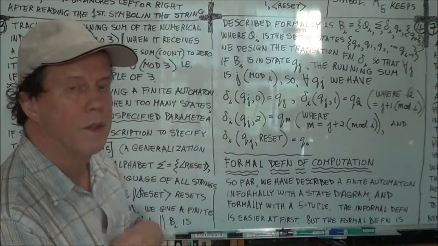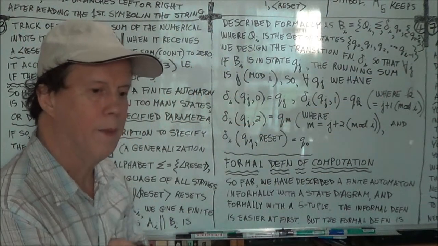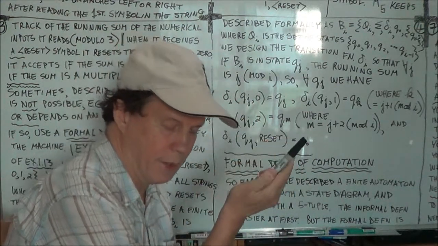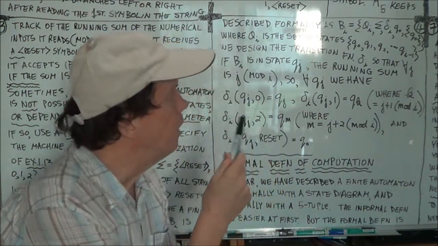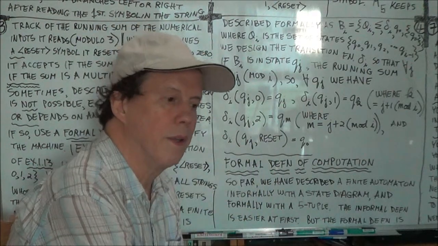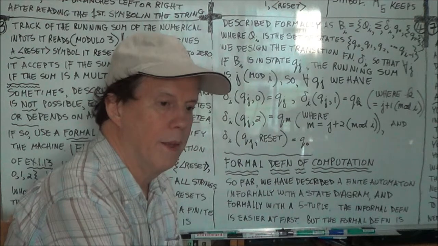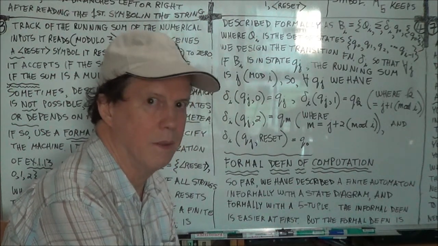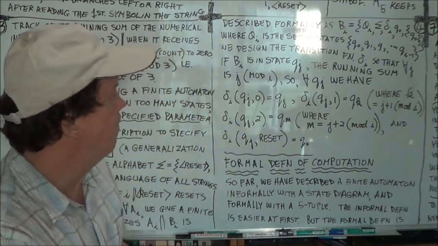Right? So you specify an I, some arbitrary positive integer I, and then you're designing BI. You're designing an automaton that would recognize the language AI. Okay.